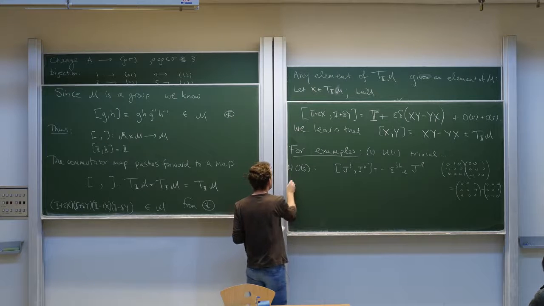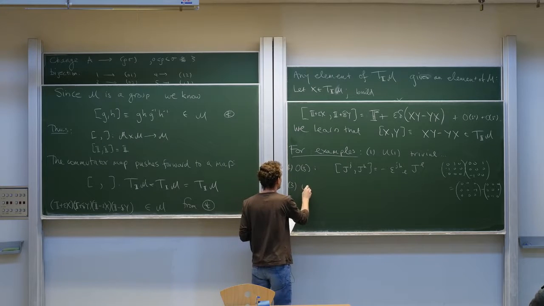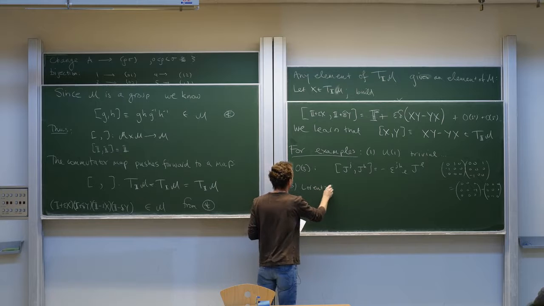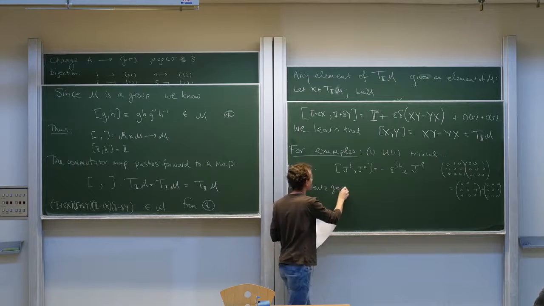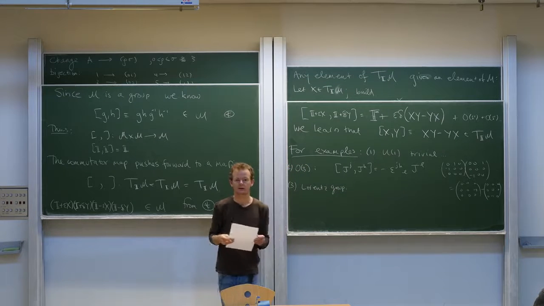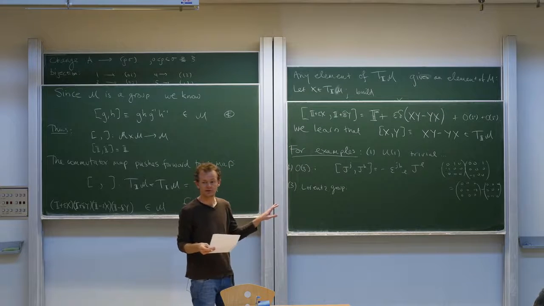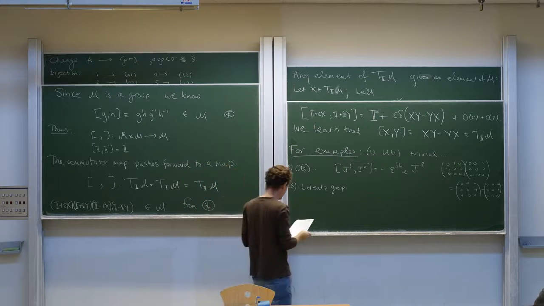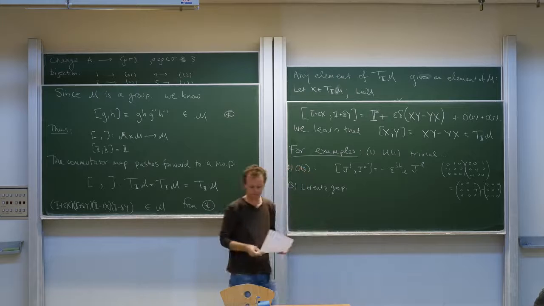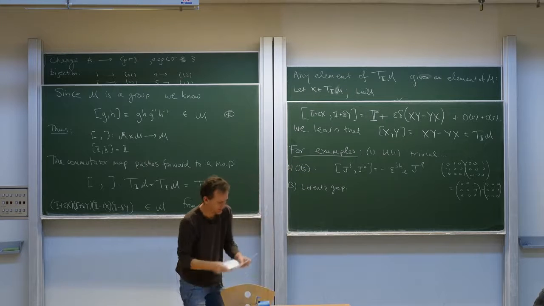And the third example is the Lorentz group. So this bilinear operation, the bracket on the Lorentz group, you can work it out. And it's a very good exercise.